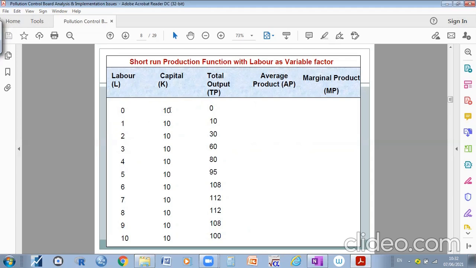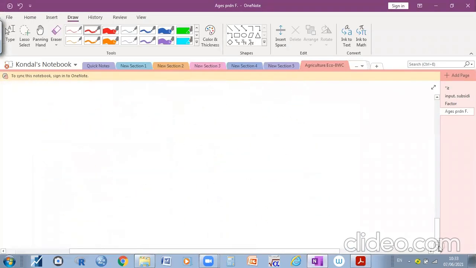So without labor, when we have the capital, the output is 0, because when we have the machine without labor, we cannot produce the output.